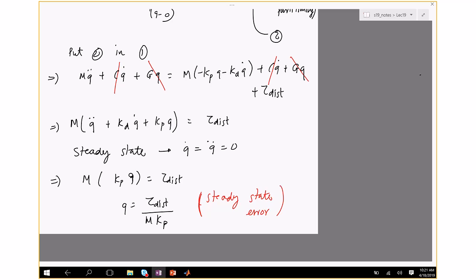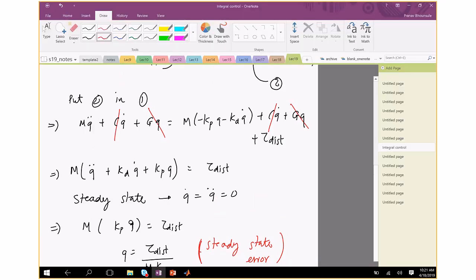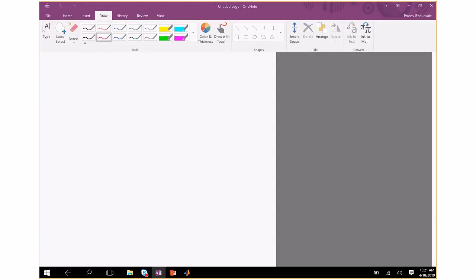So this particular controller, which is a PD controller, always has a steady state error if there are constant disturbances of that nature. The way we solve this problem is we add something to the controller, which is known as an integral control.